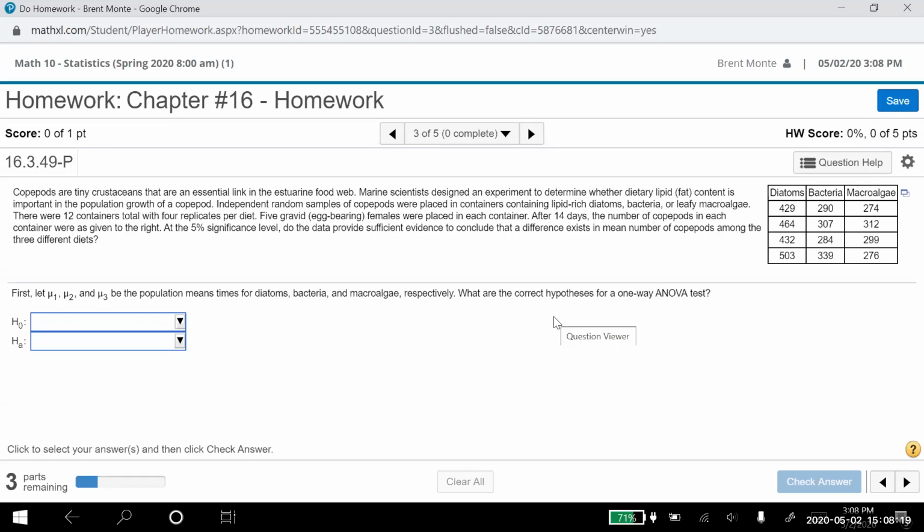At the 5% significance level, do the data provide sufficient evidence to conclude that, and let's write this down, a difference exists in the mean number of copepods among the 3 different diets.